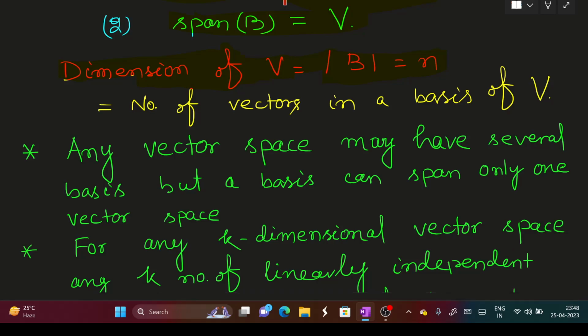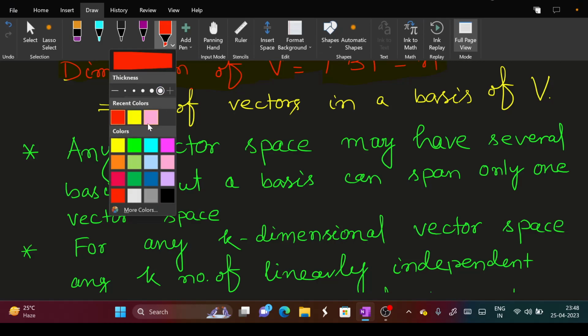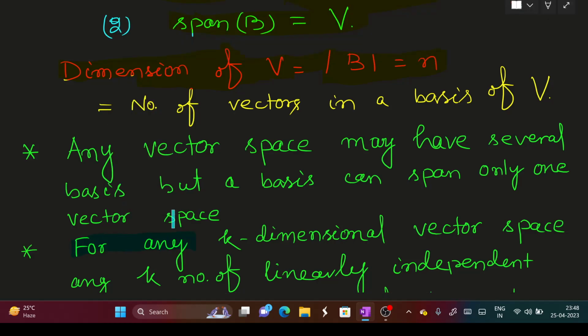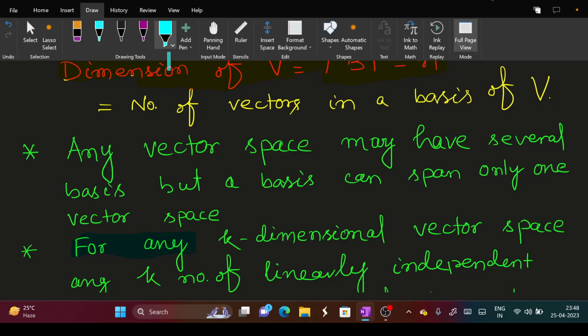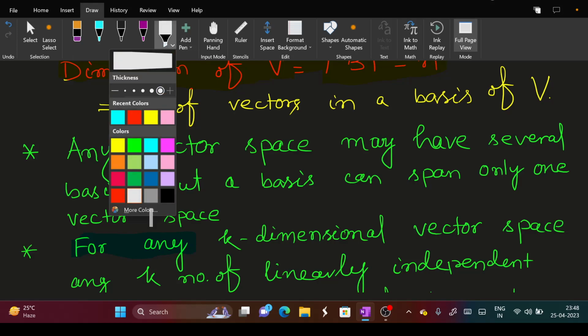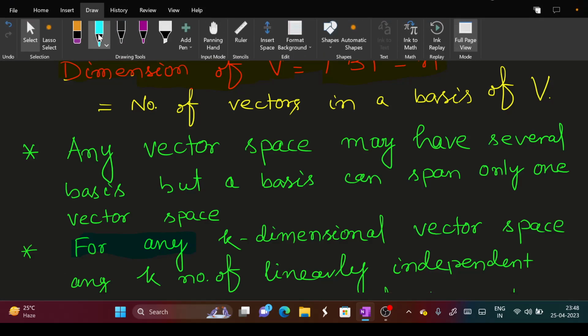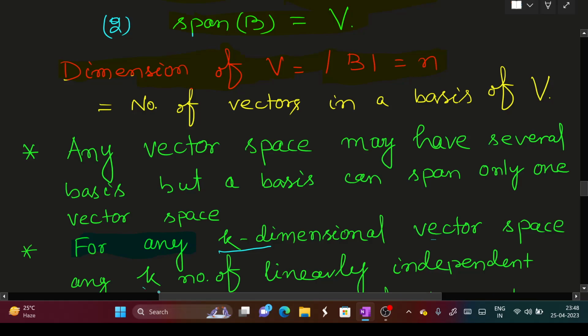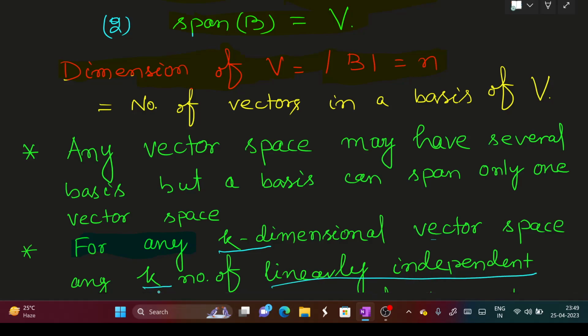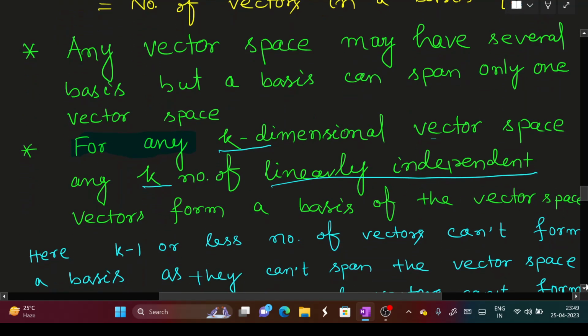Similarly, for any k-dimensional vector space, any k number of linearly independent vectors form a basis for the vector space.